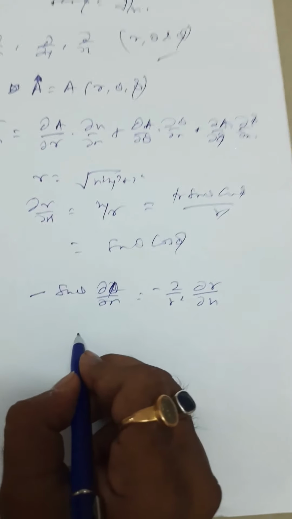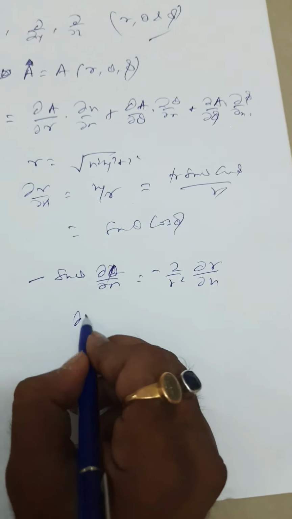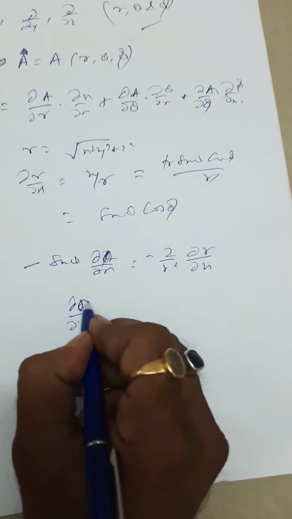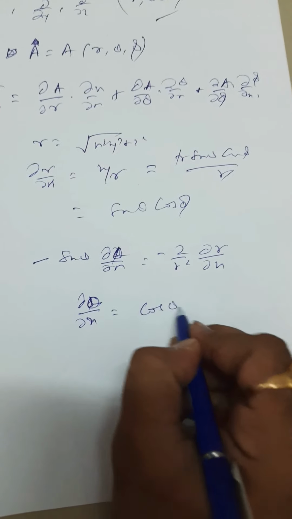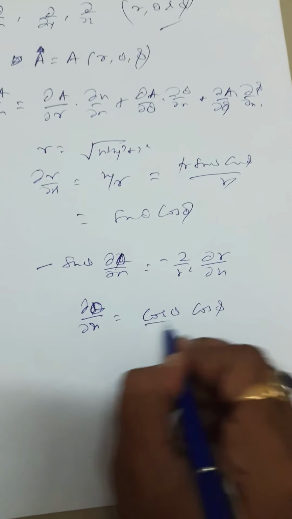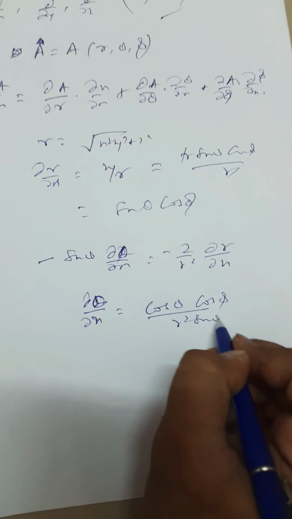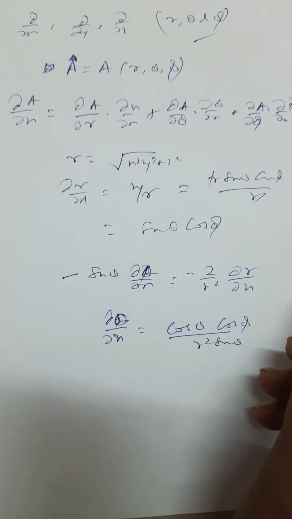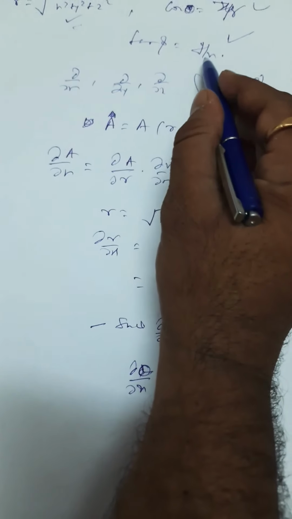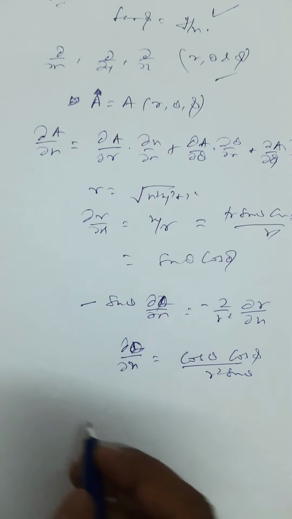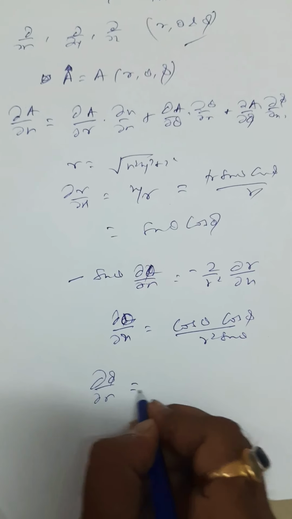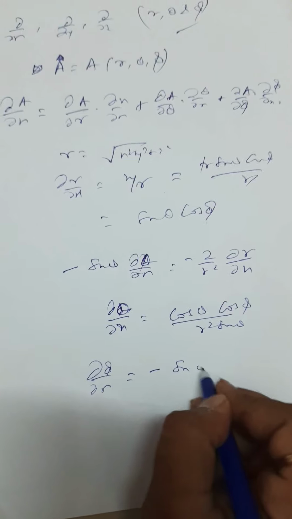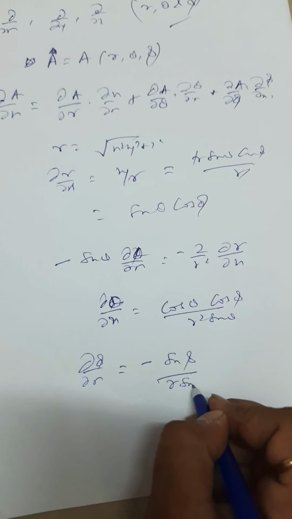Ultimately after solving this, we'll get del theta by del x equal to cos theta cos phi by r square sin theta. Further differentiating the last one, tan phi is equal to y by x, with respect to x, we'll get del phi by del x equal to minus sin phi by r sin theta.